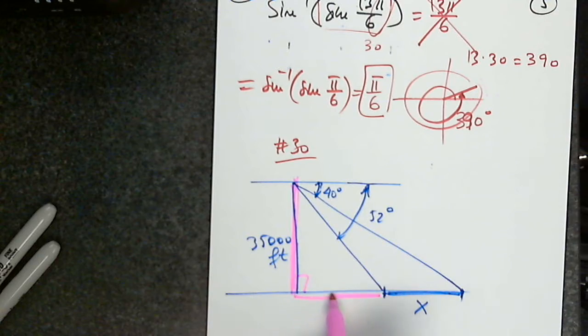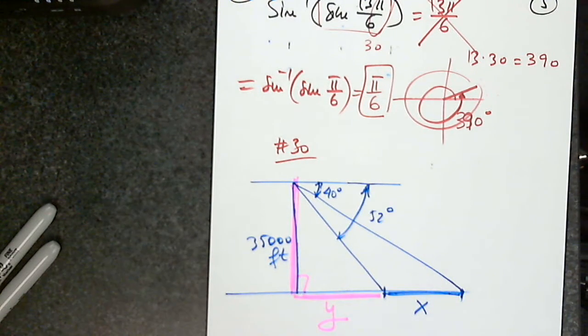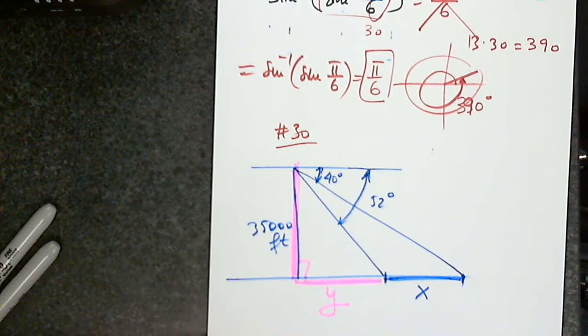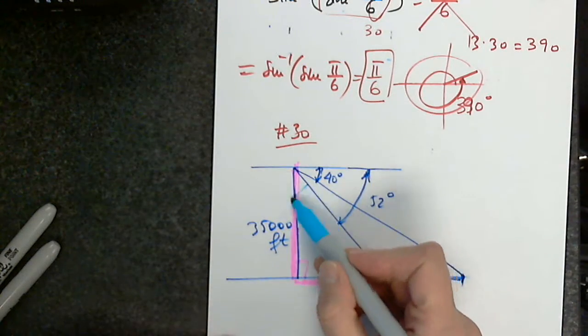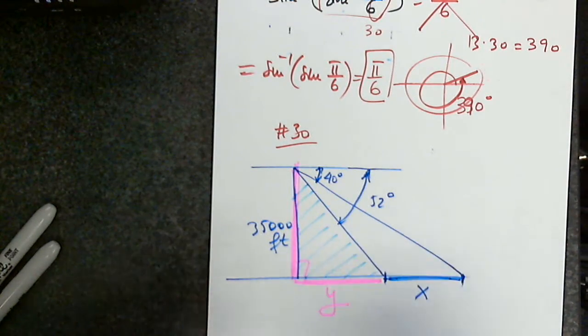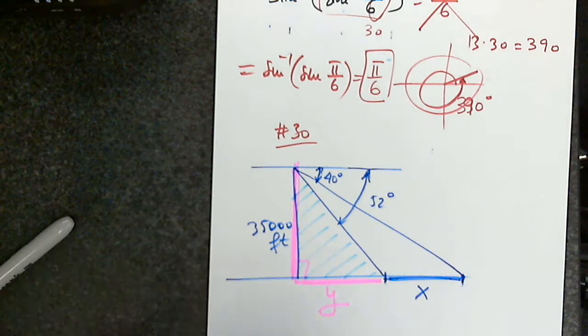I do not have this piece, so I'm going to denote it by y. And I'm going to look at two triangles: this small triangle, and the big triangle.